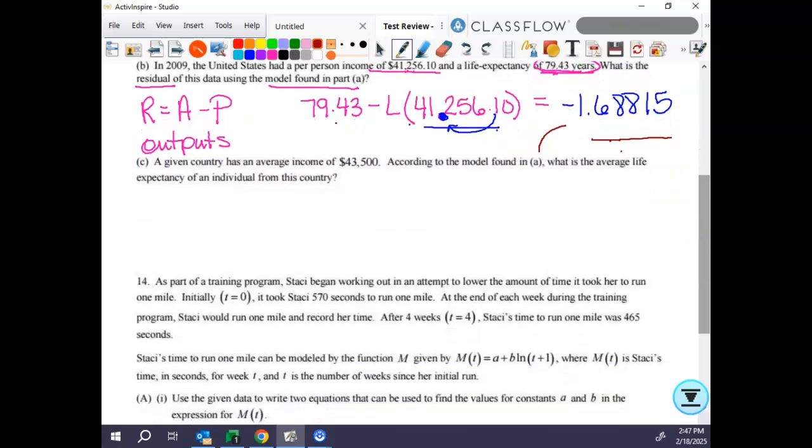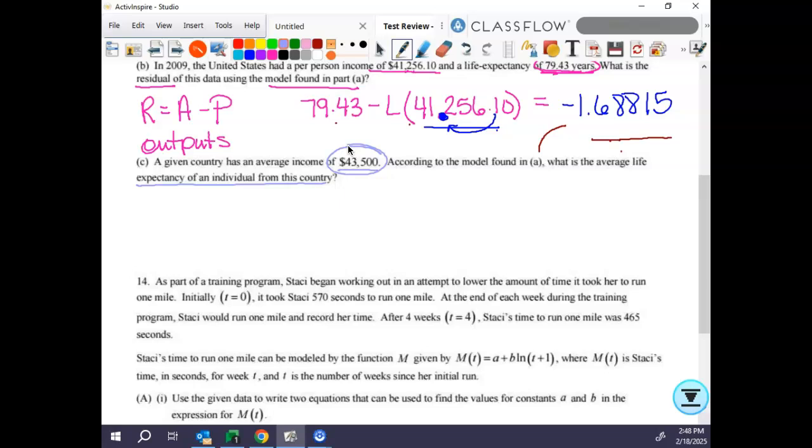Now, a given country has an average income of 43,500 according to the model found in Part A. What is the average life expectancy of an individual from this country? Okay, so if this is my income, is income input or output? You need to ask yourself that.